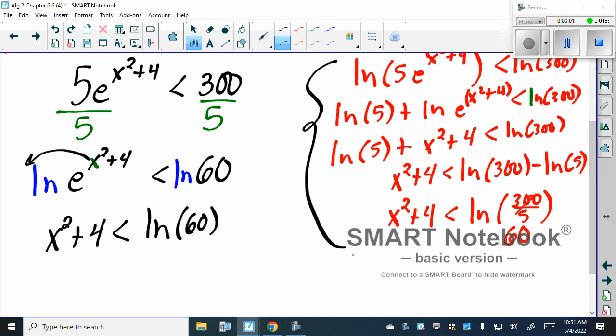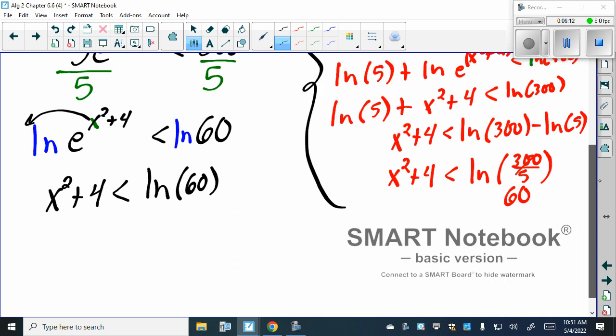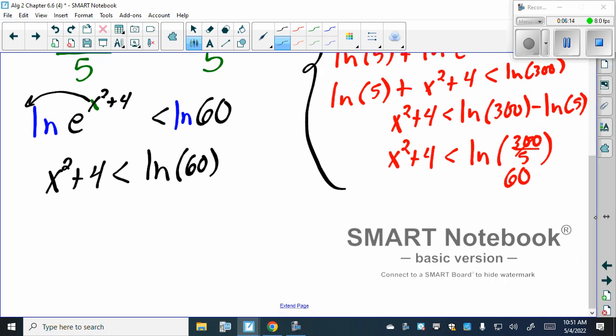Still get to the same answer, but one of them is a ton more steps. What do we need to do next? Subtract 4.